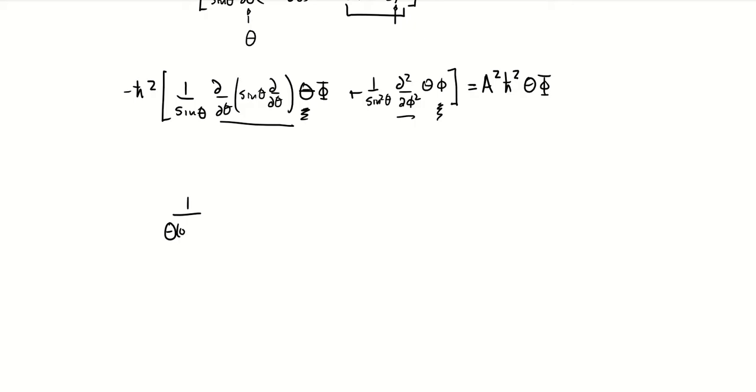We have 1 over our polar function theta, which is only a function of the variable theta, times sine theta, partial theta, sine theta, partial theta acting on our polar function theta, plus 1 over our azimuthal function phi, which is only a function of phi, sine squared theta, partial phi squared, acting on that azimuthal function phi.